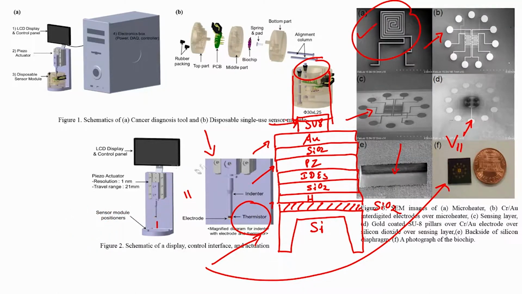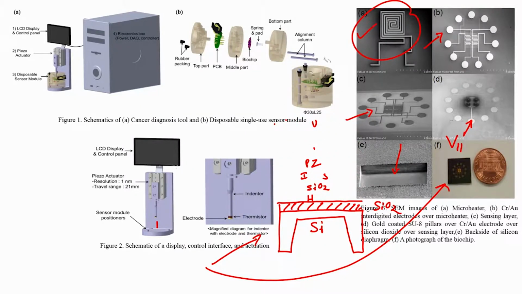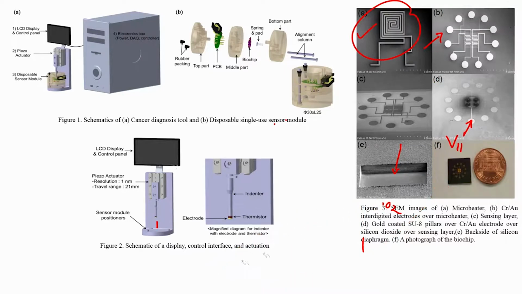Now, this is for a particular application, and then where is this tissue kept? This tissue is kept in the casing that you can see here, and this casing is made with the help of 3D printing material, a 3D printer. I will show you how a 3D printer works in one of the lab classes.